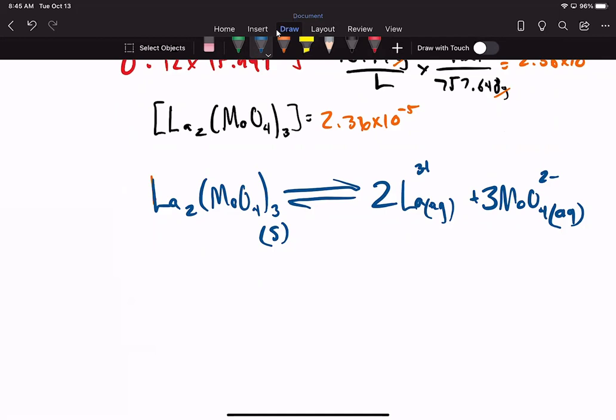If I know this concentration, I have 2.36 times 10 to the minus 5 moles per liter, big M, per liter of solution.